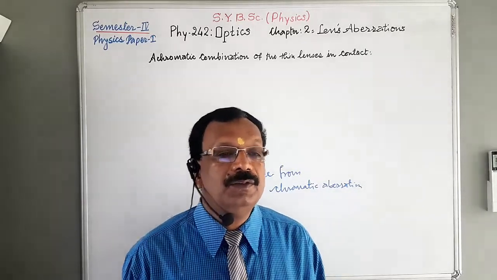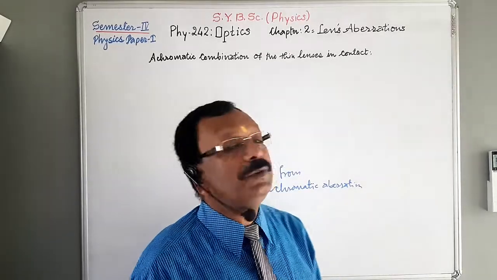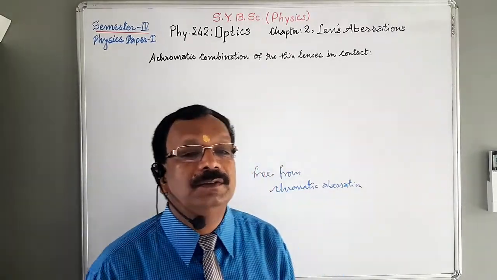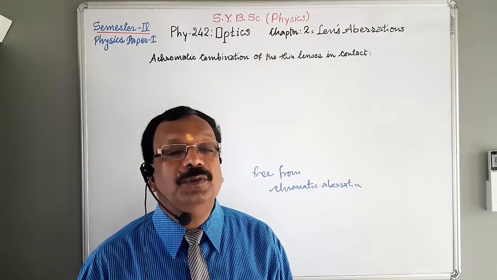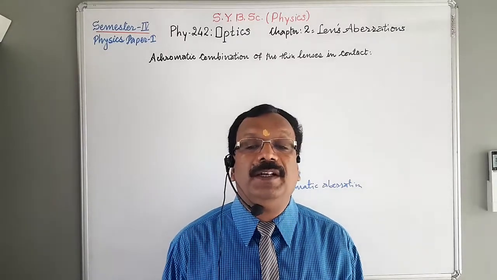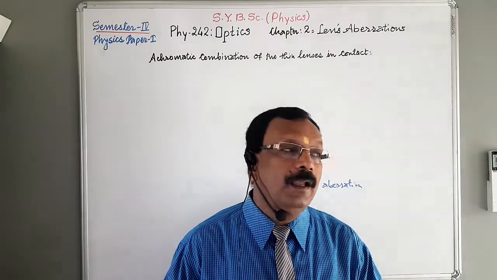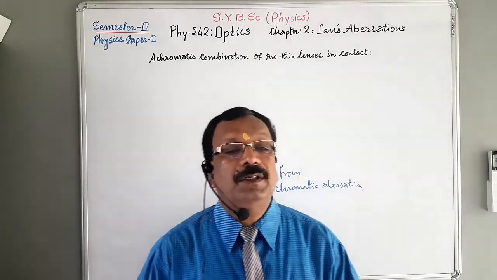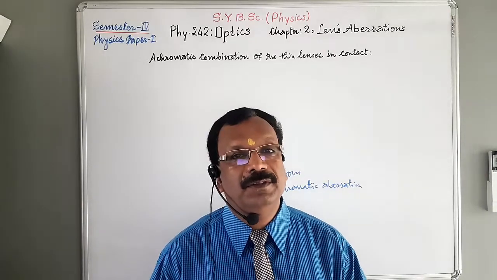Here we are going to see an achromatic combination of two thin lenses in contact. We have seen that the image due to any single lens will have the defect due to chromatic aberration. However, with two lenses this defect can be reduced.